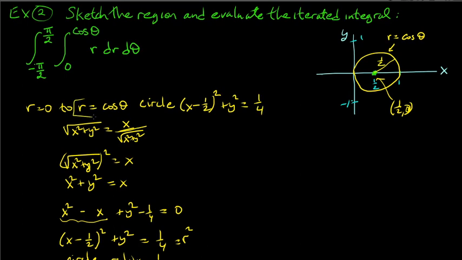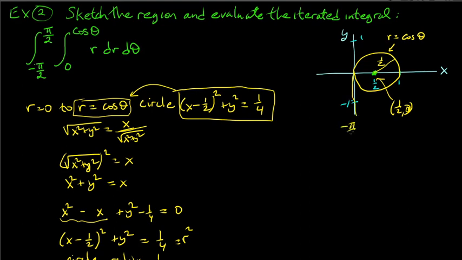But I hope you would agree that if you look at the two equations here, the one on the left, r equals cosine theta, is a little bit simpler. That's just my opinion, but it looks simpler to me. And we're going from negative pi over 2 to positive pi over 2.